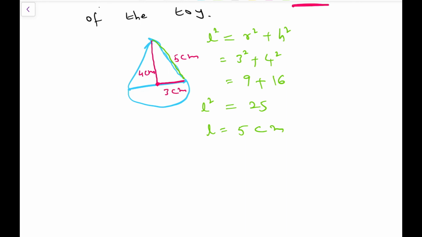So cone bottom we couldn't see, so that is the reason we will find out curved surface area of a cone. And top of the hemisphere we couldn't see, so that is the reason we will find out the curved surface area of the hemisphere. So it will be CSA of cone plus CSA of hemisphere.